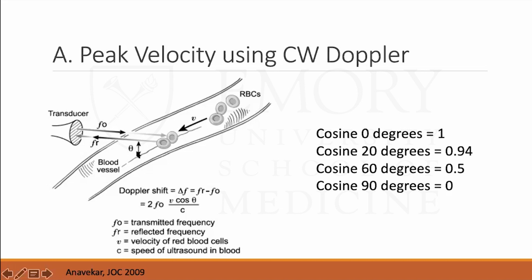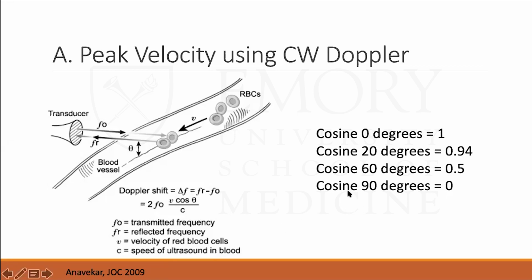The bigger this angle, the more inaccurate your Doppler shift is going to be. A little bit of math here: cosine of 0 degrees, so if you were parallel to the flow without any angle, is 1, and so whatever velocity you're measuring is probably the true velocity.